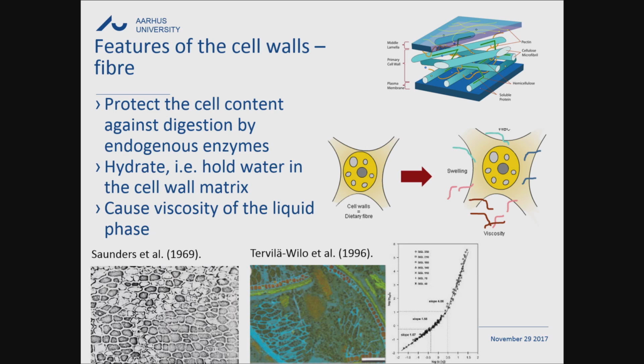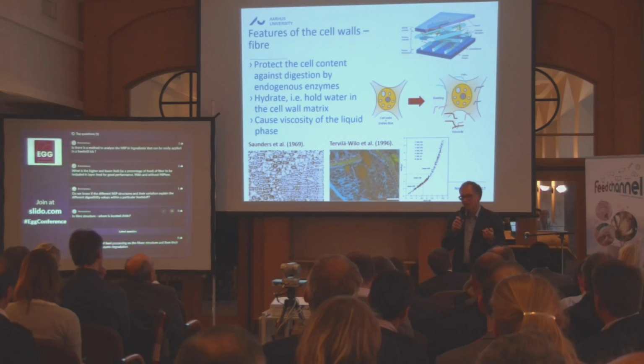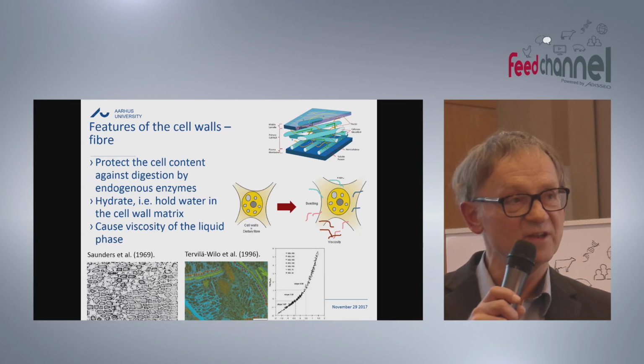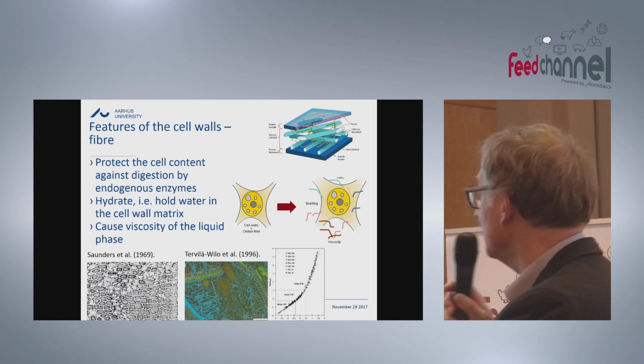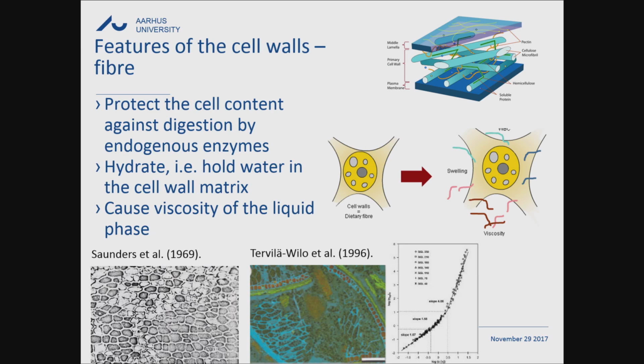And the part of polysaccharides that is leaking out into the liquid phase is also what creates the viscosity of the digesta, because it is the polysaccharides coming out into the solution.